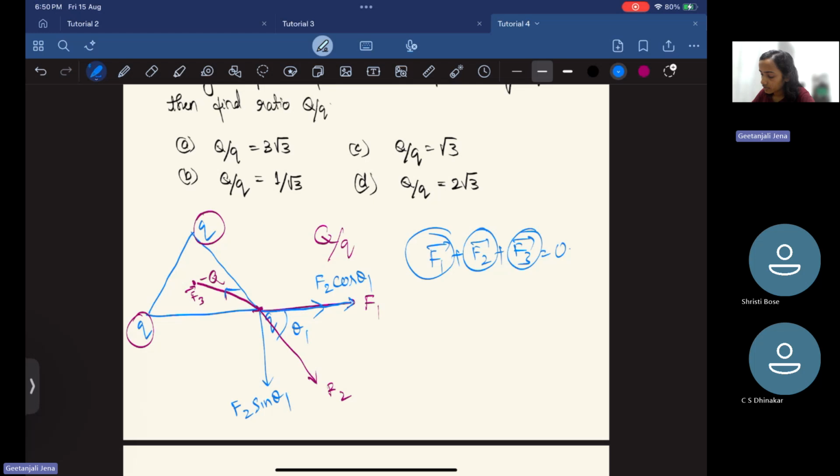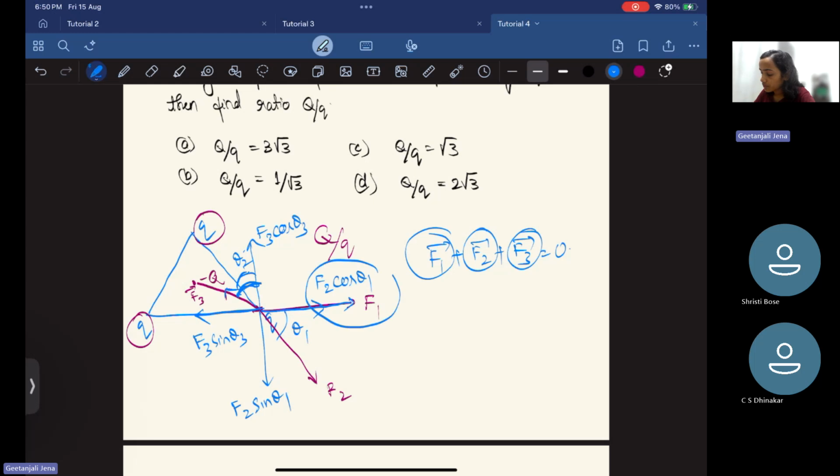For F3, let us say this angle is theta 2, or instead you should take this angle, theta 3. So in the y direction you have F3 cos theta 3, and in the x direction you have F3 sin theta 3.